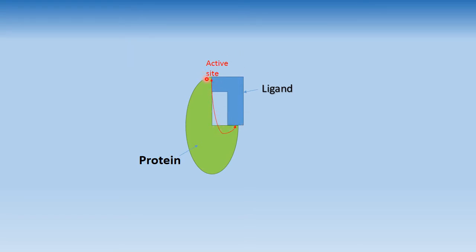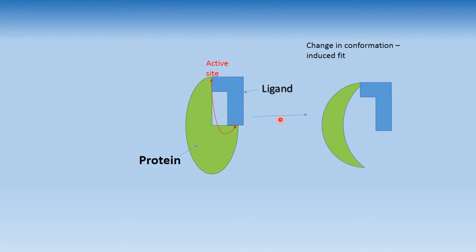And this is the active site, because here is the protein and here is the ligand, and the binding is done over here. Once this ligand is bound to the protein, there is a change in the conformation, and this is called induced fit.